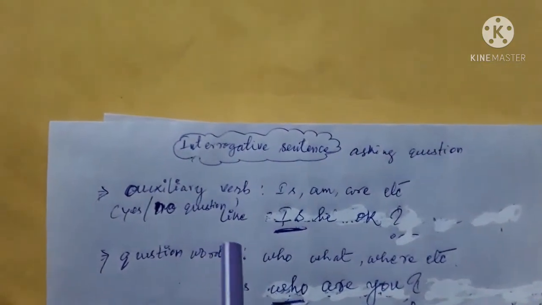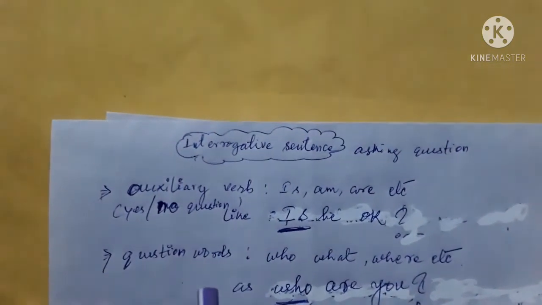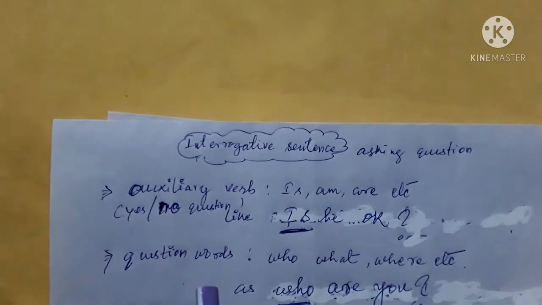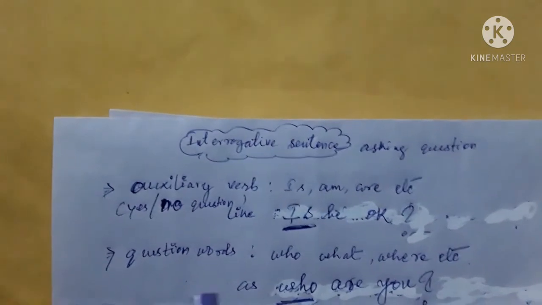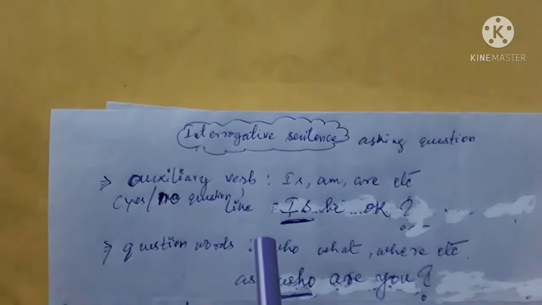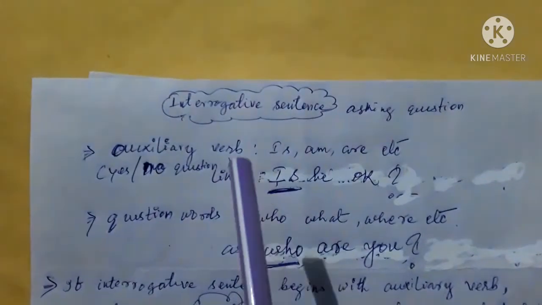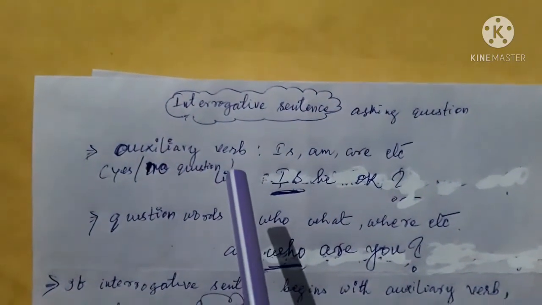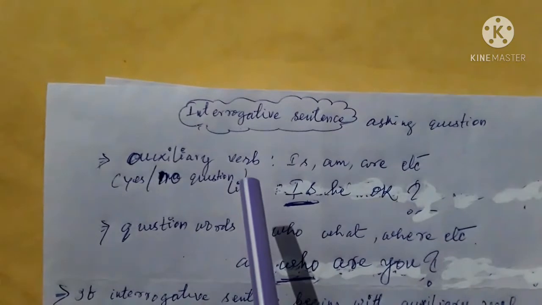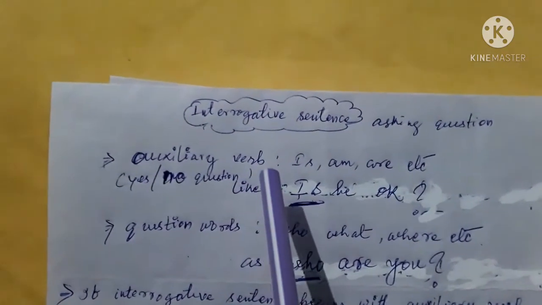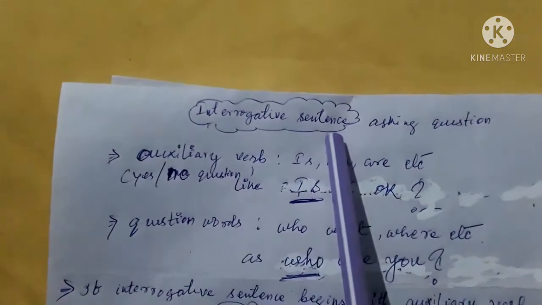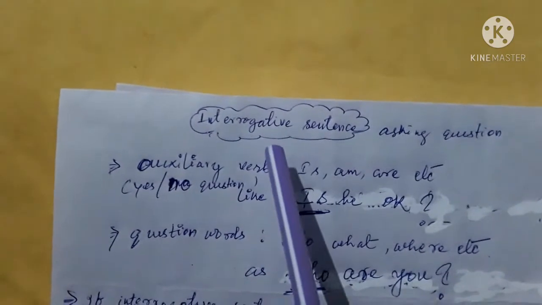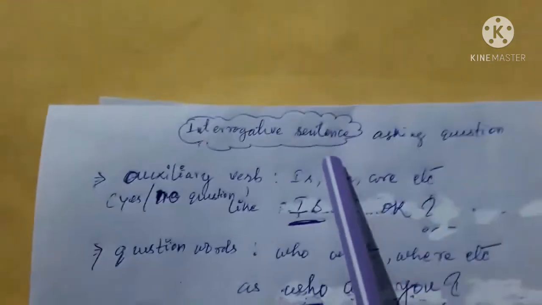Let us continue discussing how the sentence changes in indirect speech. Let us discuss the second type of sentence, that is interrogative sentence. So what is interrogative sentence?